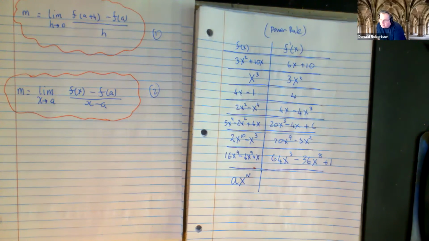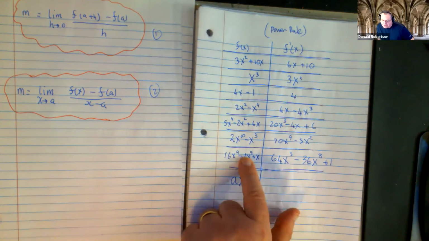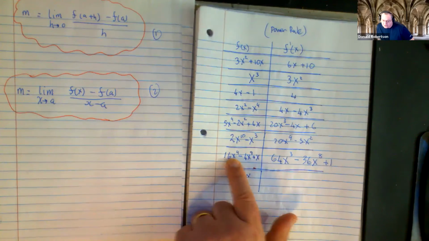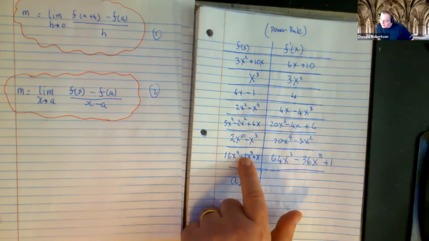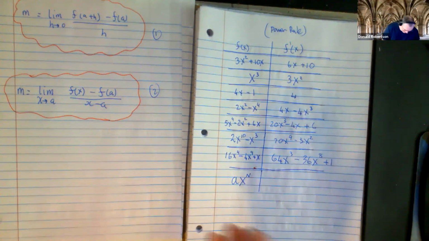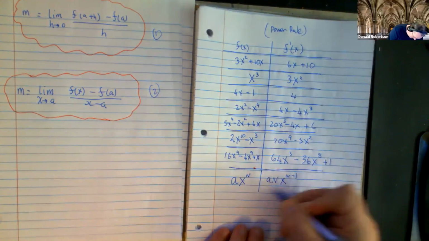Ax to the n, that's like 7x cubed, right? You just need to focus on one piece, because for each piece the same rule works. So the rule that made that answer this is the same rule that made this guy that. So you only need to say, what does one power of x get you? And the rule is written down like that.